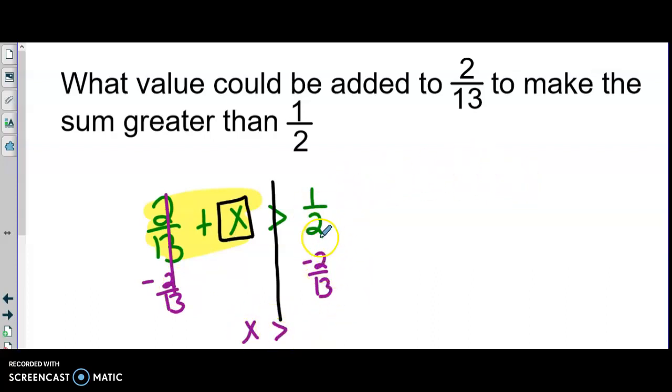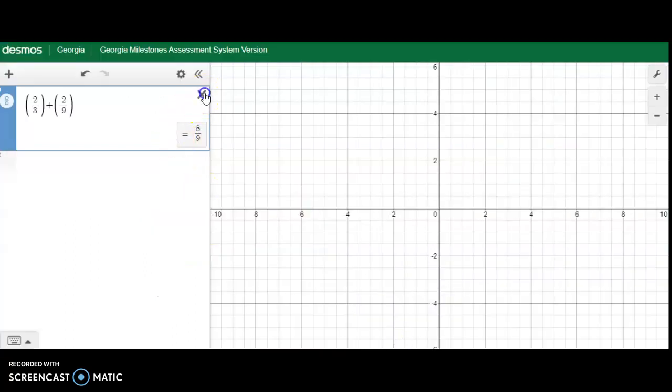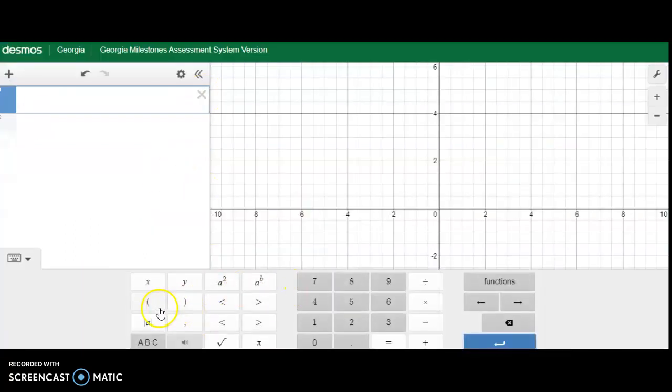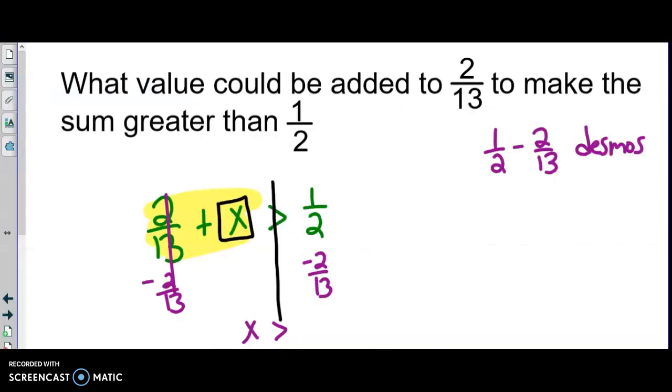So what I'm going to do is take this 1/2 minus 2/13, and put that in my calculator. Clear that out. Remember, fractions have to be in parentheses, so 1 divided by 2, and then close your parentheses, minus, I already forgot what it was, 2/13.